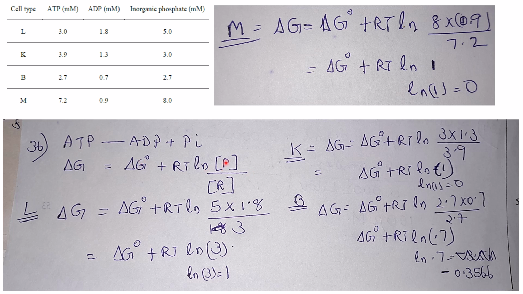For L it is 1, for K it is 0, for B it is negative. So B will have delta G more negative than delta G0. So your answer here will be cell type B.